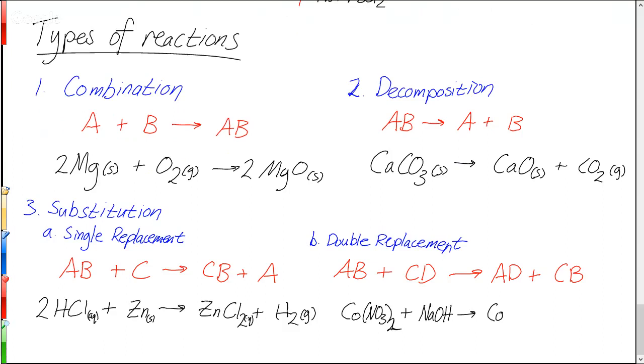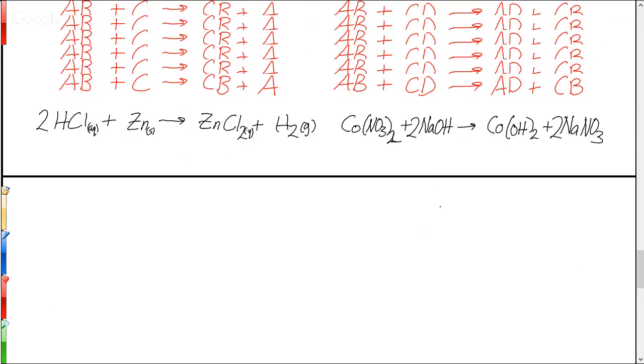And so then the cobalt ends up with the hydroxide, and the sodium ends up with the nitrate. In this case, the cobalt hydroxide is the precipitate, the little solid thing. You'll see this on Wednesday when we actually do it.